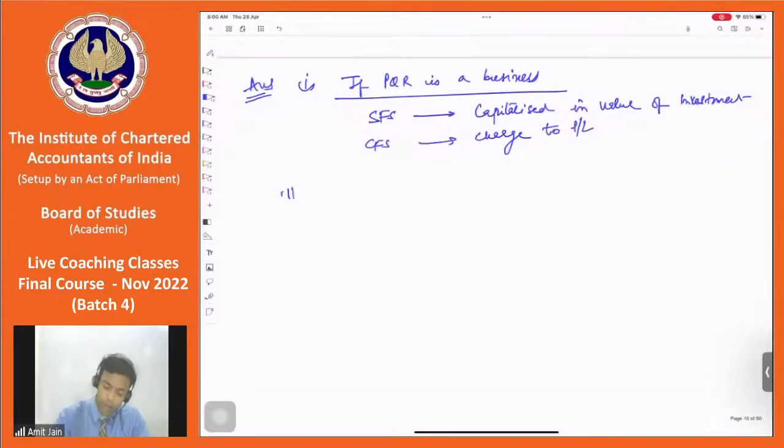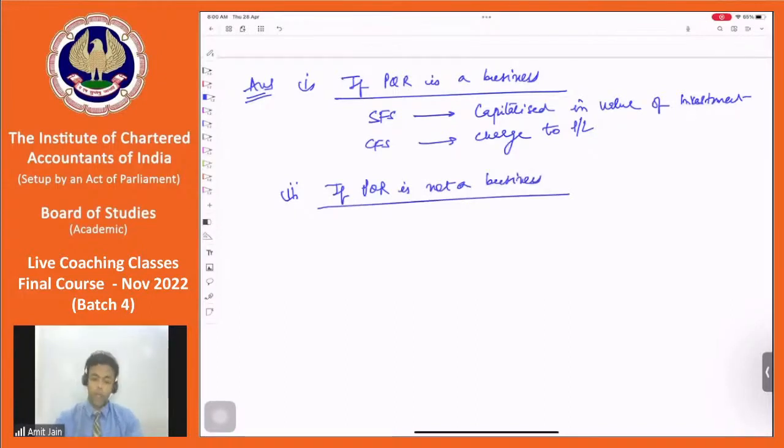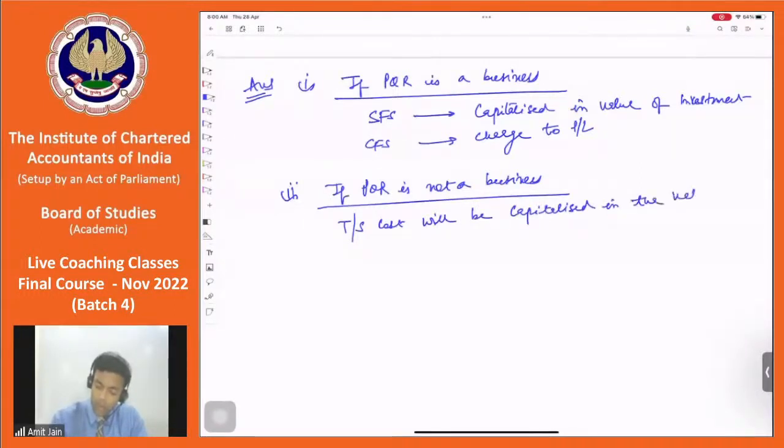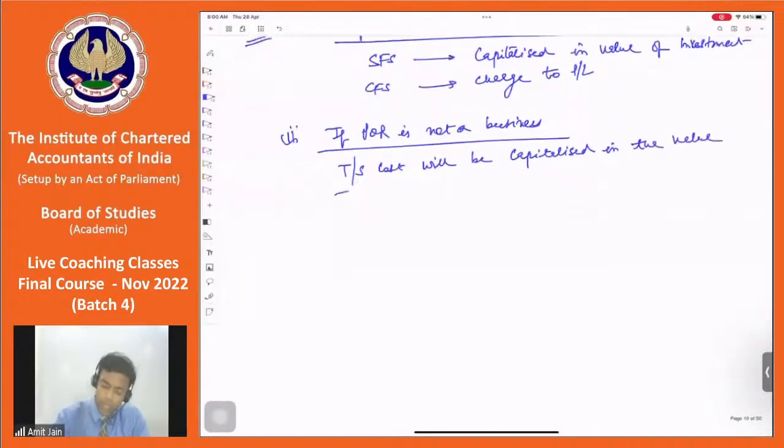But if PQR is not a business, because the question is not asking to evaluate whether it's a business or not, then we will say transaction cost will be capitalized in the value of intangible.